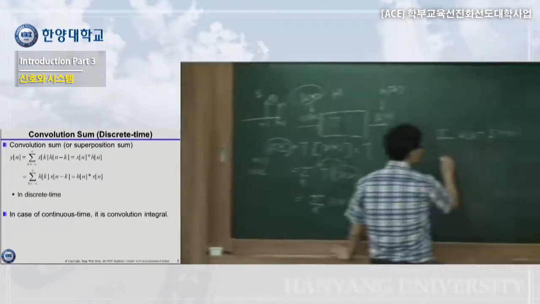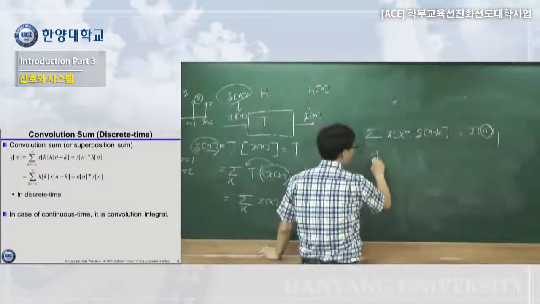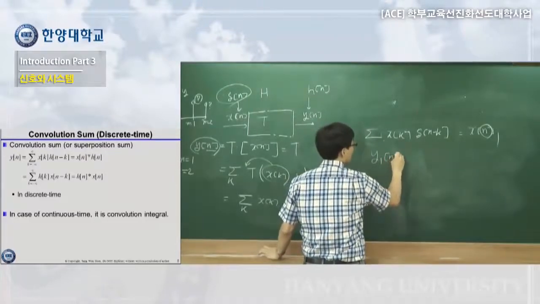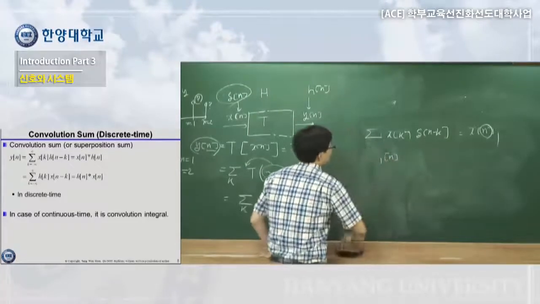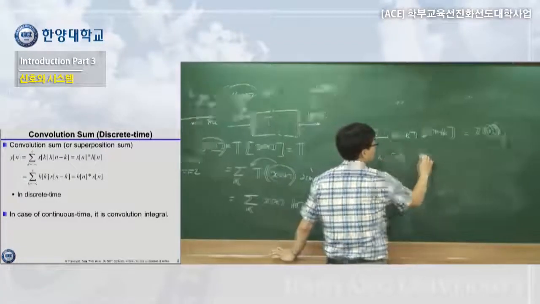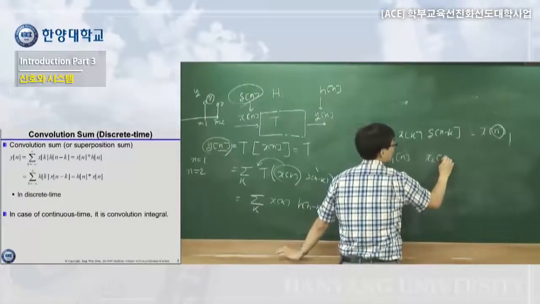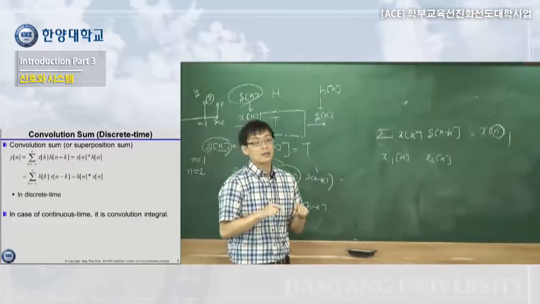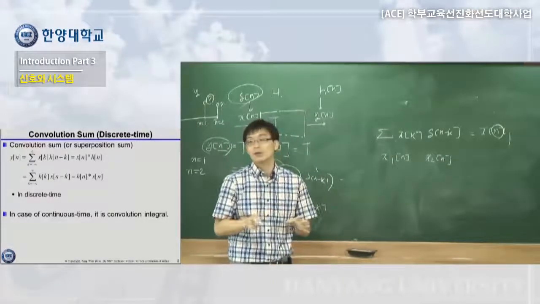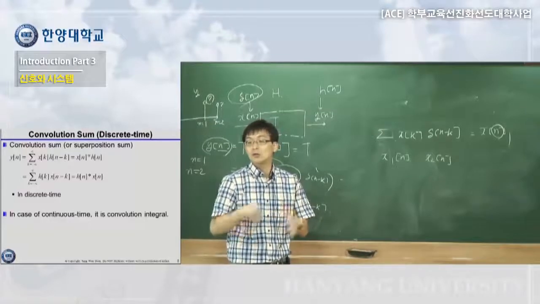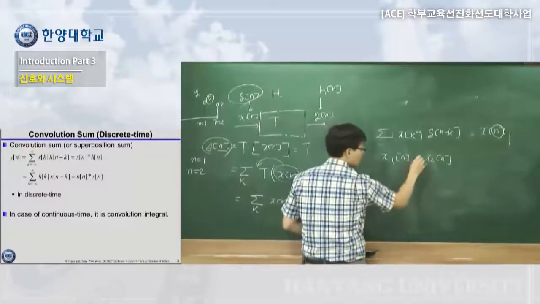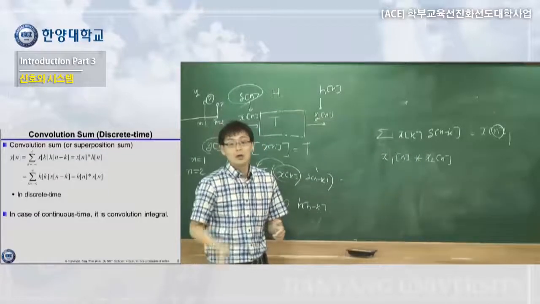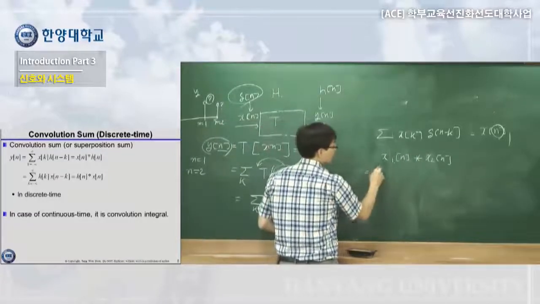So assume that we have two functions, let's say x1 and x2. Convolution is like addition, subtraction, multiplication for those functions. If you put this star mark, that means the convolution. Convolution is what?